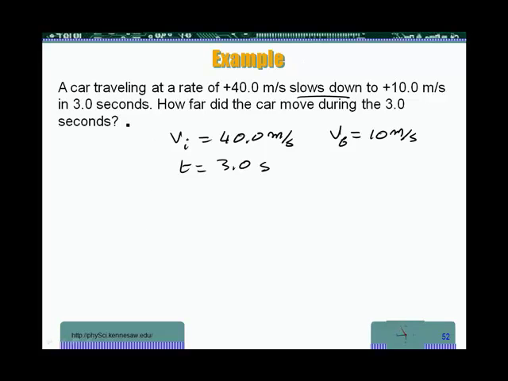But let's add here, assume constant acceleration.